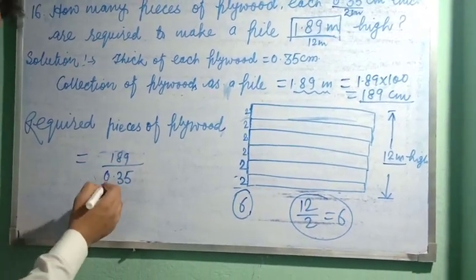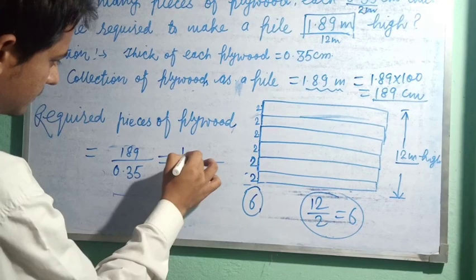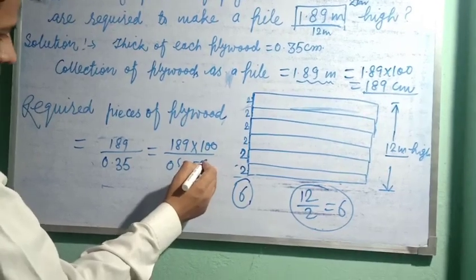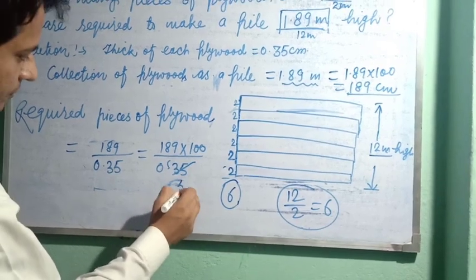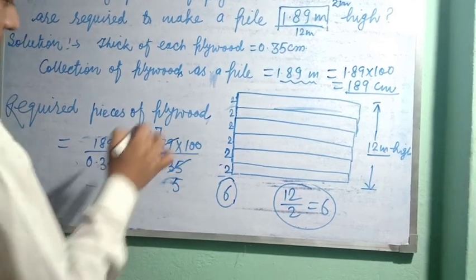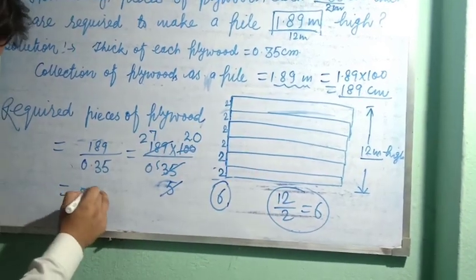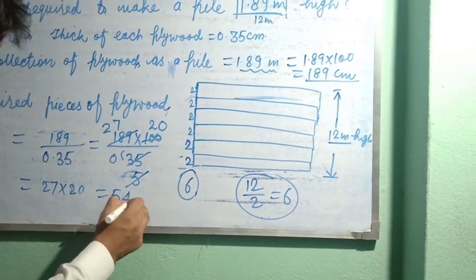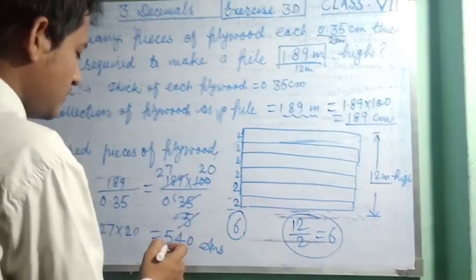Now if we eliminate this decimal, multiplying by 100, we get 18900 divided by 35. Here 7 5s are 35, 7 2s are 14, 4 is here, and 7 7s are 49. Now 5 2s are 10, that means 27 multiplied by 20, this becomes 27 2s are 54, single 0. The number of pieces with each 0.35 thickness is 540.